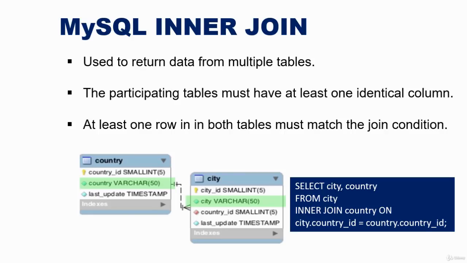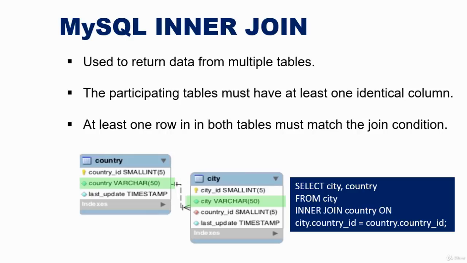Being the common field or column in both tables, that is represented in the join condition. So inside the inner join, we are joining the country table, and these are the conditions. We're joining the country ID from the city table to the country ID in the country table.